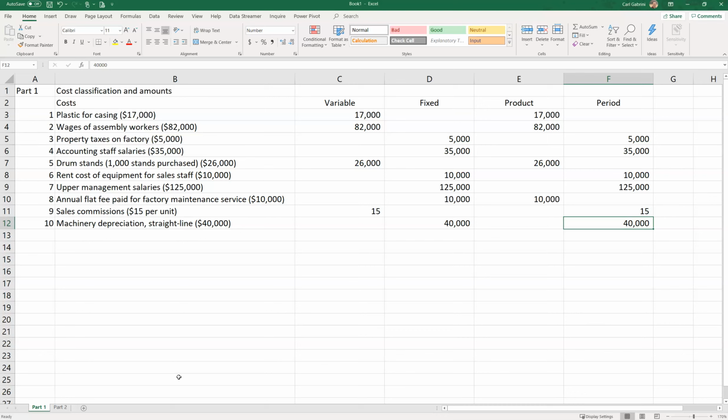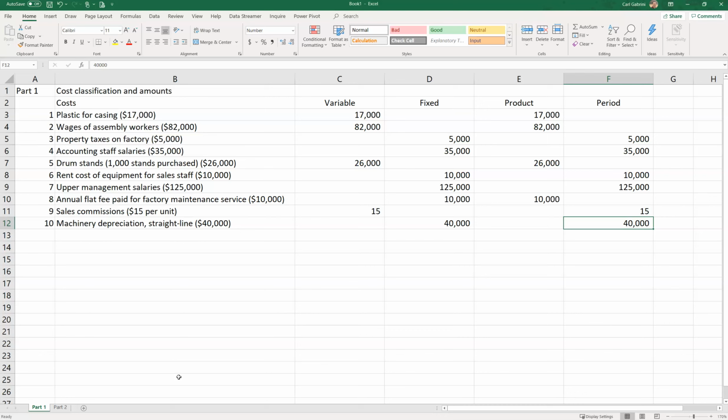Now, if they were going to pay a per hour maintenance fee, that would vary, and you would see that become a variable cost. Here it's a flat fee, so it's fixed, but it's still product. It doesn't change the fact that it's tied to the product. The other one that could potentially fool people is sales commissions, because it shows as $15 per unit. Some might say, well, it's variable, so it must be product.